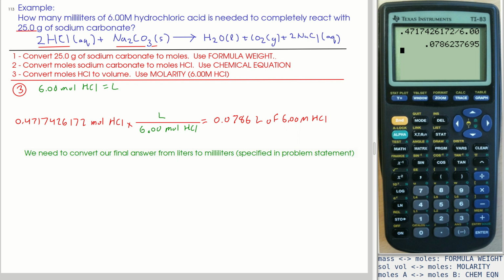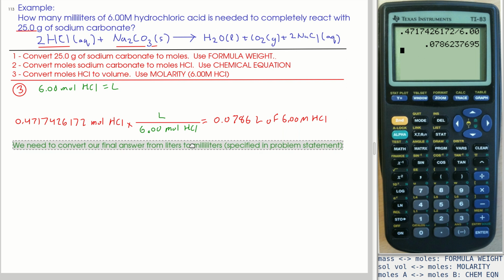Mainly just because it's specified in the problem statement. We always like to give them the answers in the units that they want.